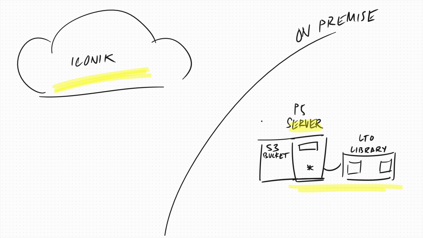So if this is opened up through the firewall, then this will be a publicly accessible S3 interface that iconik can then connect to and archive data to. So the way that this works is that in iconik I might have a set of assets which are currently stored in cloud storage, and I might decide that this is a completed project that I want to archive.